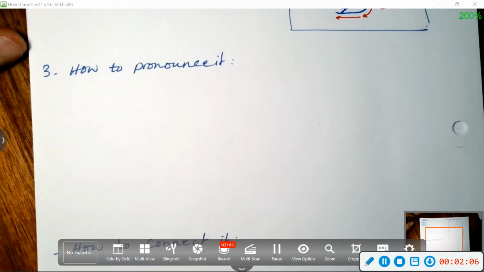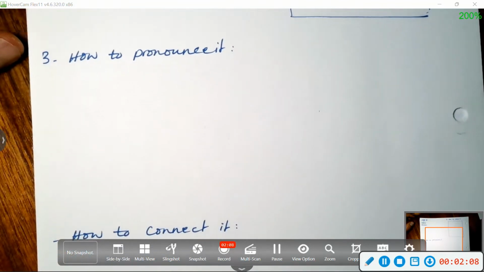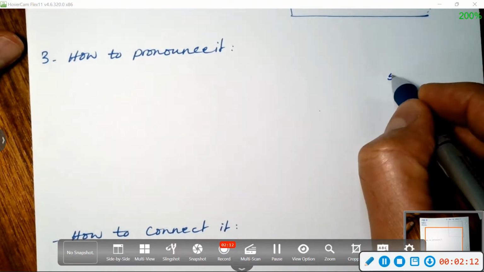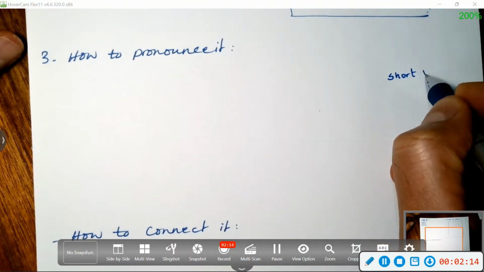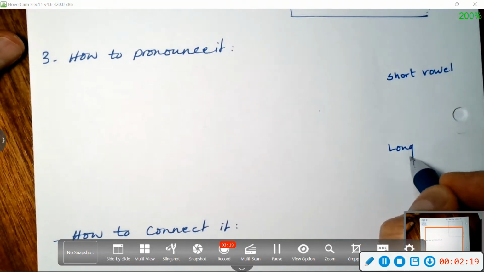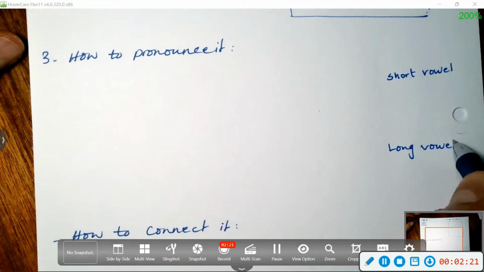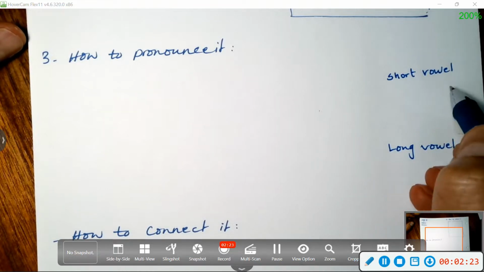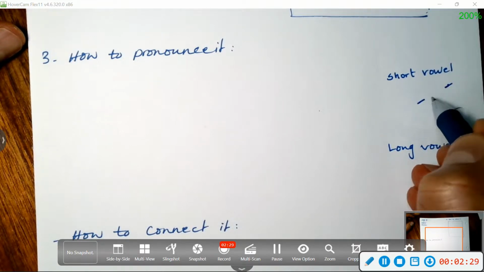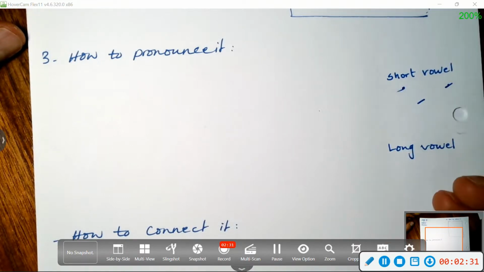Now, how to pronounce it? With short vowel and long vowel. Short vowel means fatha, kasra, dhamma.